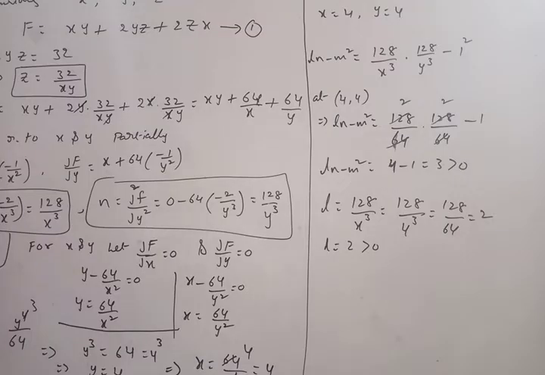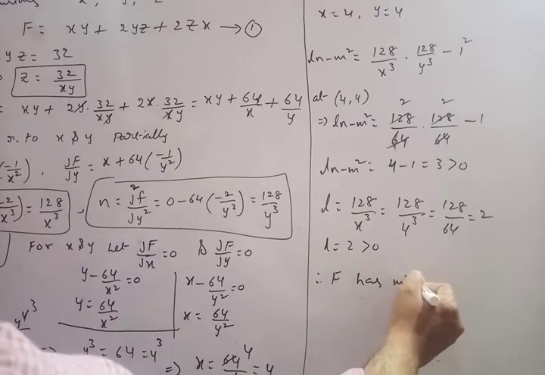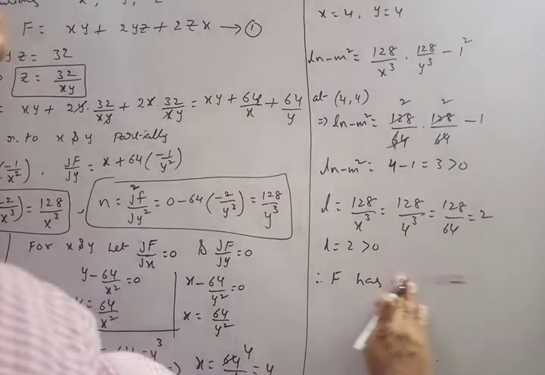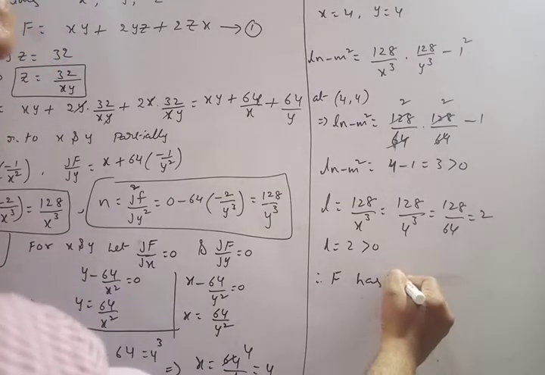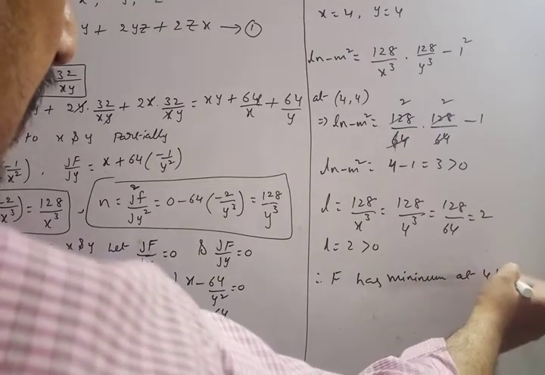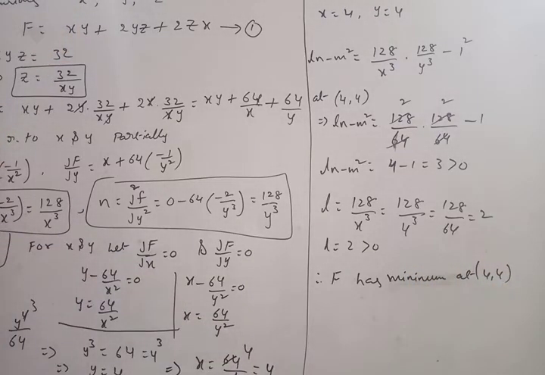So both LN minus M square and L are greater than 0. Therefore F has a minimum at 4 comma 4.